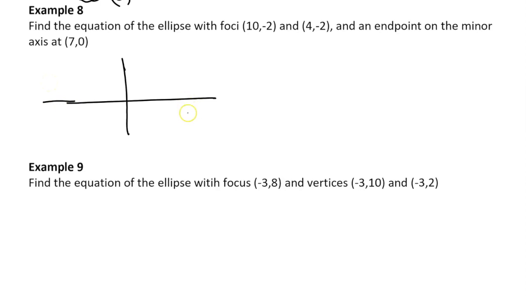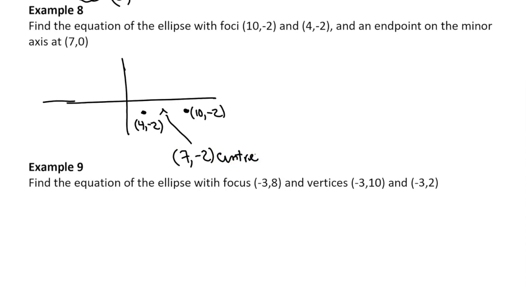So 10, negative 2 could be right here. 4, negative 2 could be right here. And let's average that out, and that means that at 7, negative 2, that has to be our center.